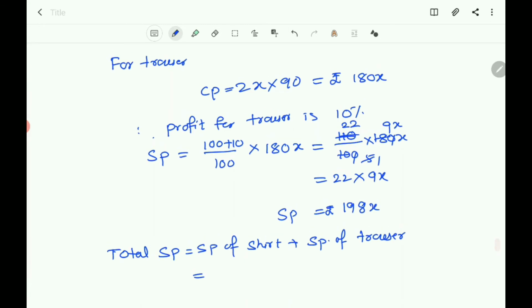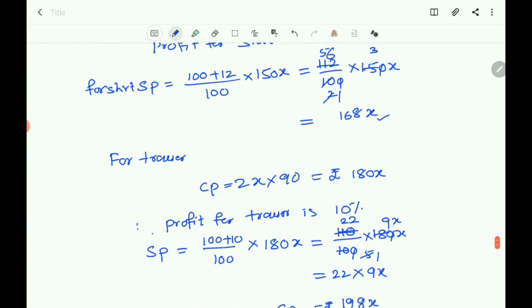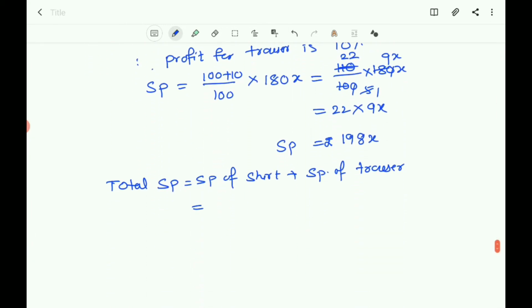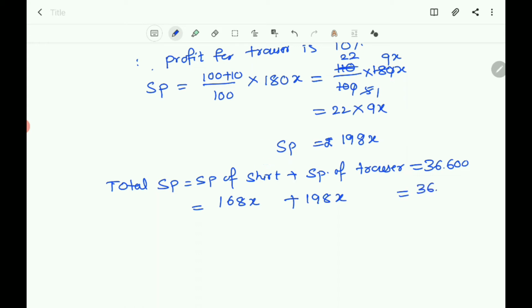SP of shirt is what you got, 168x, plus SP of trouser is 198x, and the total SP is given, that is 36,600 rupees. So 168x plus 198x equals 36,600.